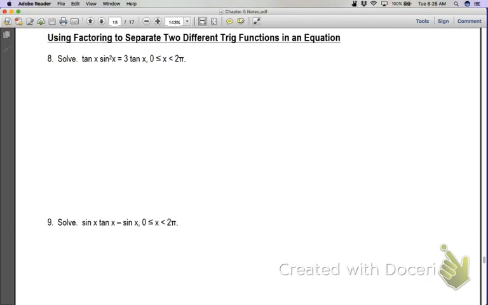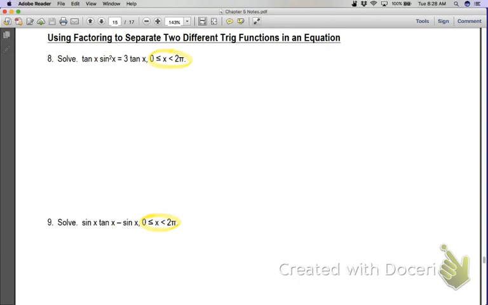Last type then is just using factoring to separate two different trig functions in an equation. So it's the same idea. Whenever you do this, you want to get everything over to one side. You're still going to have a window, in terms of 0 to 2 pi, same way down here at the bottom, 0 to 2 pi.